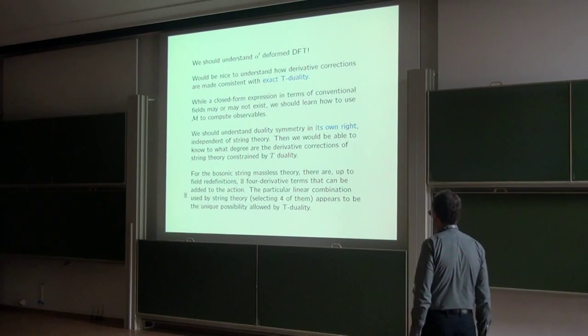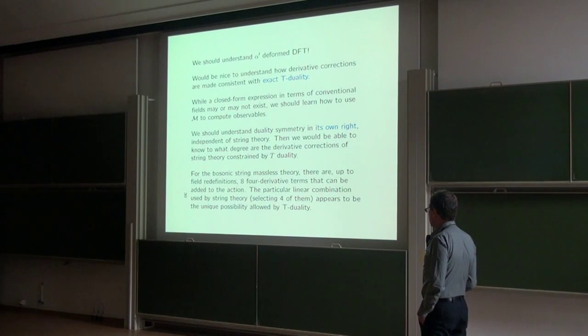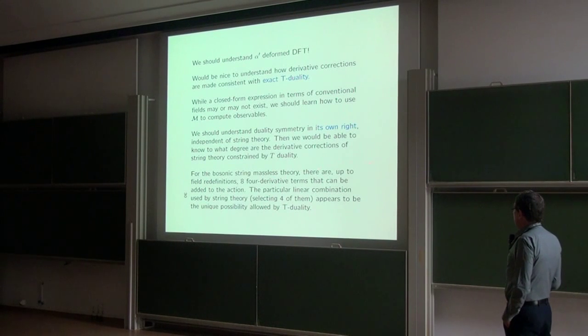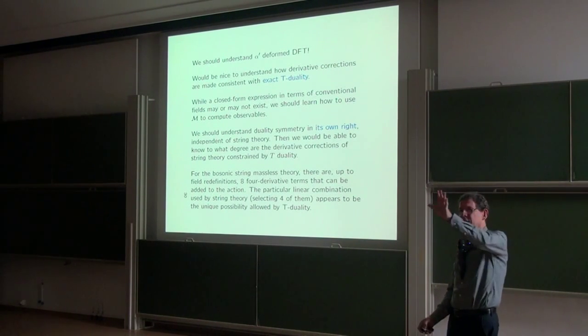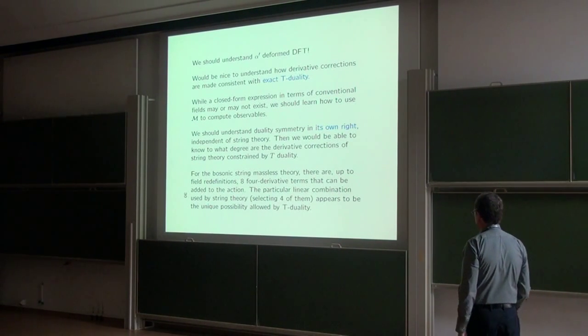So, for example, the case of the bosonic string is quite interesting. If you consider the bosonic string, the massless theory with two derivatives, and you ask how many terms you can write with four derivatives, well, up to field redefinitions, Metsaev and Tseytlin found long ago that there are 8 four-derivative terms that can be added to the bosonic string low-energy effective action.